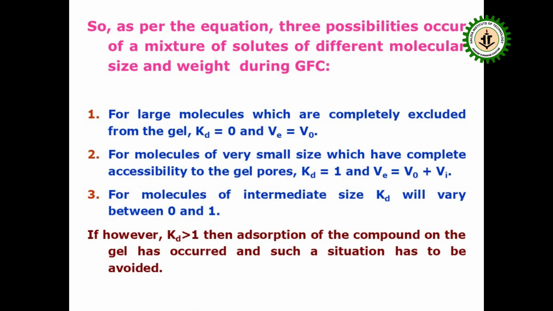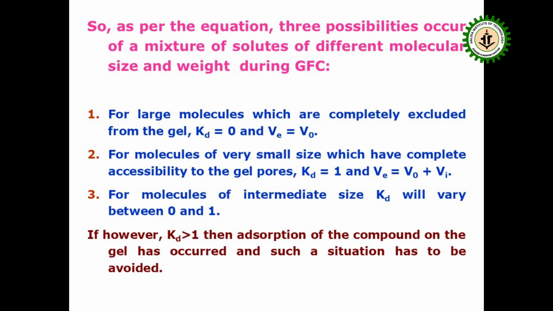As per the equation, consider the possibilities for a mixture of solutes of different molecular size and weight during GFC, or gel filtration chromatography, or gel permeation chromatography, or size exclusion chromatography. Case 1: for large molecules which are completely excluded from the gel, Kd is equal to 0, and then V will be V0.